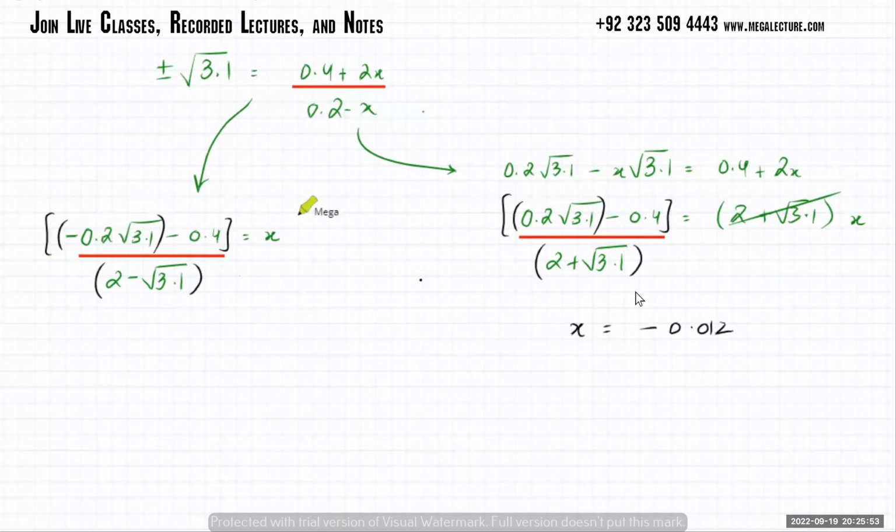Just take the same expression and change 3.1 under root to minus 3.1 under root. That's it. So what are you getting for x? Minus 3.14. The second value of x is minus 3.14.